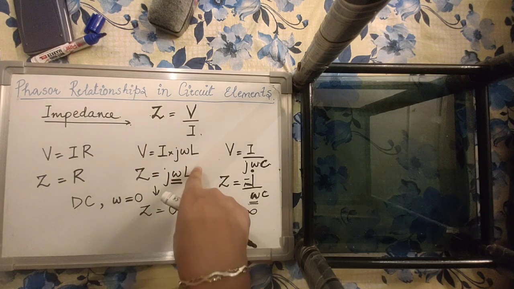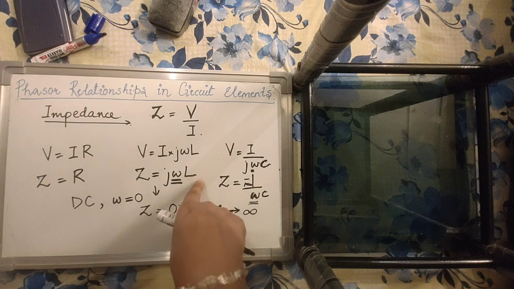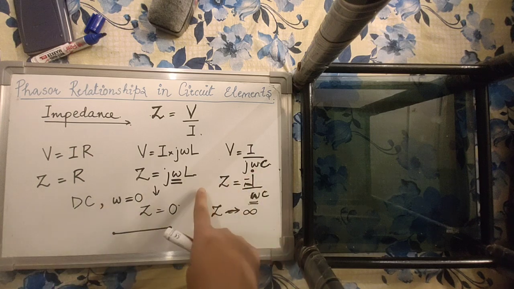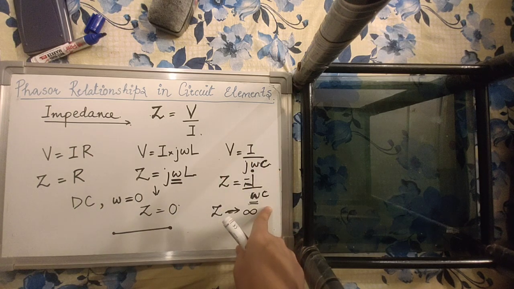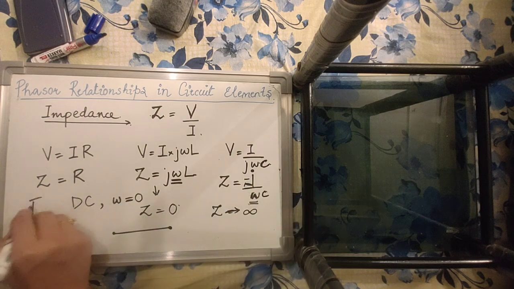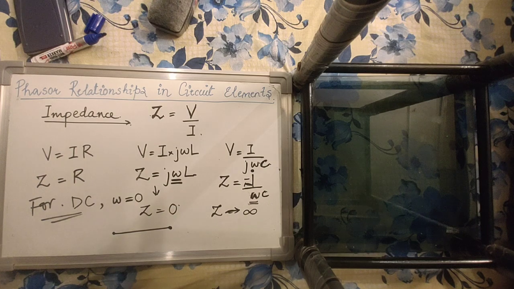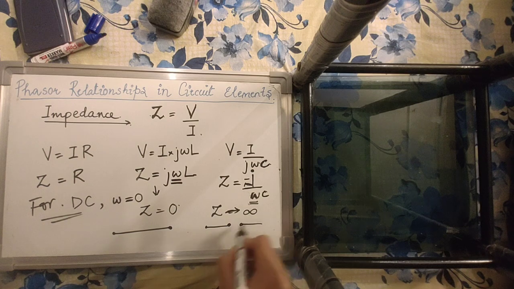And in the same DC circuit, the impedance offered by an inductance is 0, which means that an inductor in a DC circuit behaves like a short circuit. And the impedance offered by a capacitor in a DC circuit, when omega is equal to 0, tends to infinity, which means it offers a very, very large impedance, or you can say that a capacitor in a DC circuit behaves like an open circuit, right?